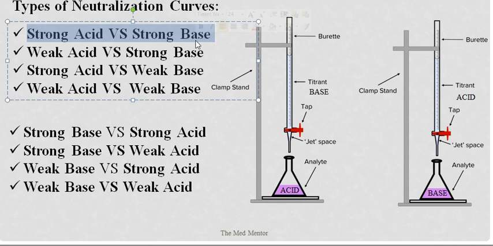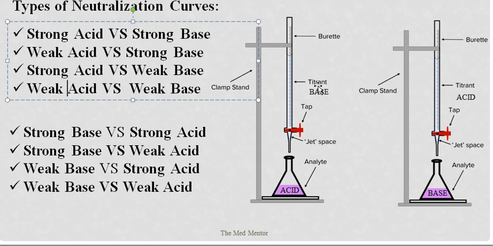In the case of strong acid and strong base, the titrant is the base and the analyte is the acid. The titrant is a known solution.